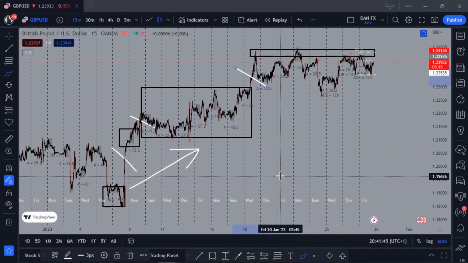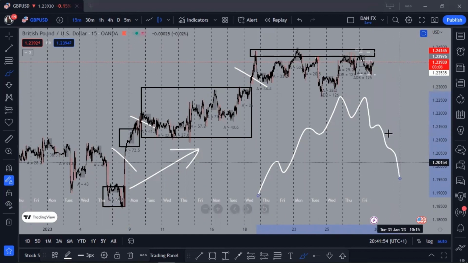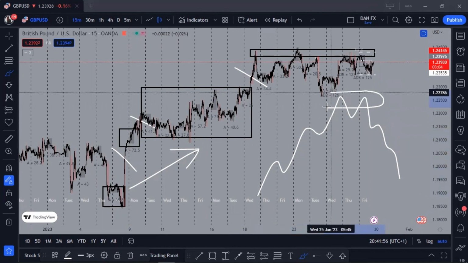And I explained in my previous videos on this channel that after you have 3 days or three levels of rise and you get an M formation like this, you can basically expect 3 more days of sales. So your bias changes to the sell side, right?